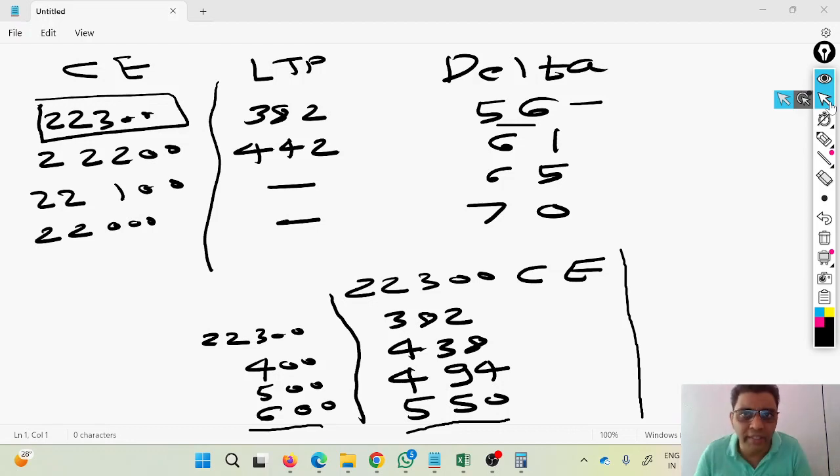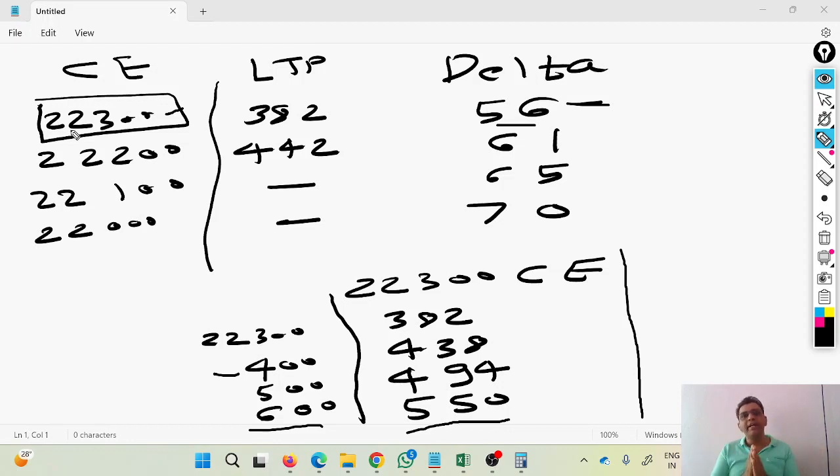Now if you think about it properly, I'll show you. Currently the spot is at 22,300. So my delta is near 50. Why near 50? That is what I said in the delta class. Generally for an at the money option, the delta is near 50 because my winning probability is around 50. So whenever Nifty goes up by 100 points, try to imagine this part. Whenever Nifty goes to 22,400, then my bought call option, 22,300, has become in the money.